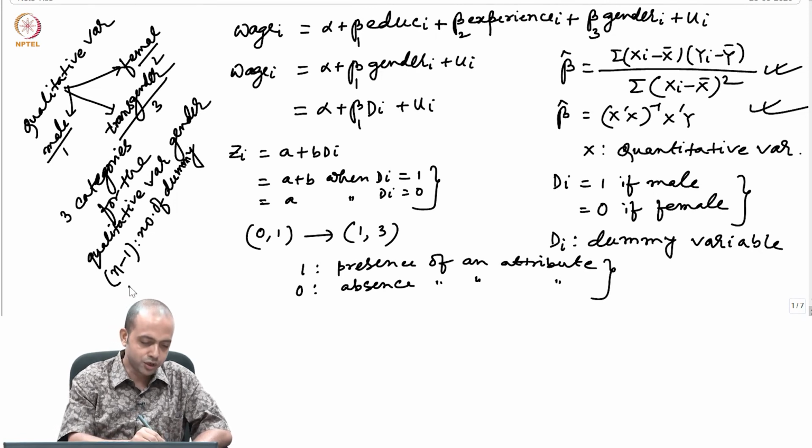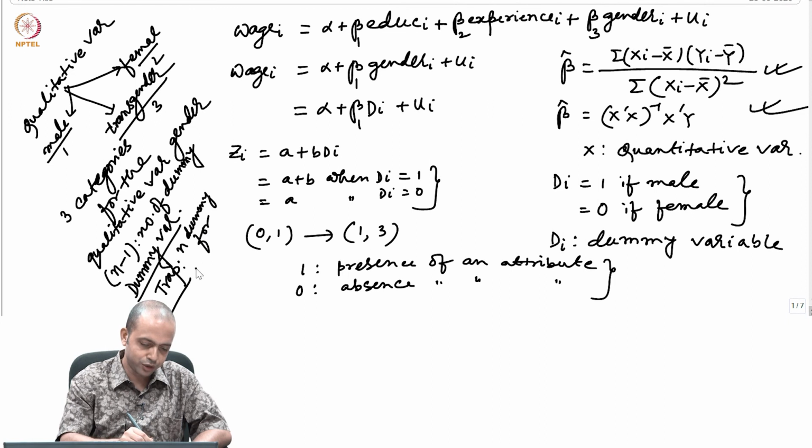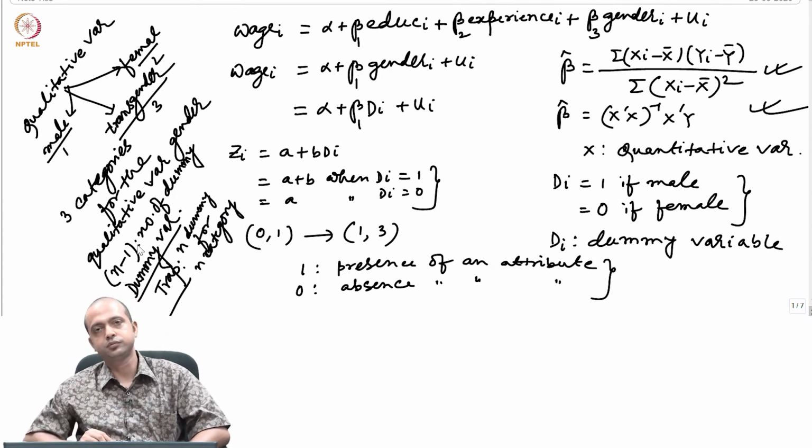What is the implication of the dummy variable trap? That we will discuss in a later part of our discussion. The rule says the number of dummies should be n minus 1.